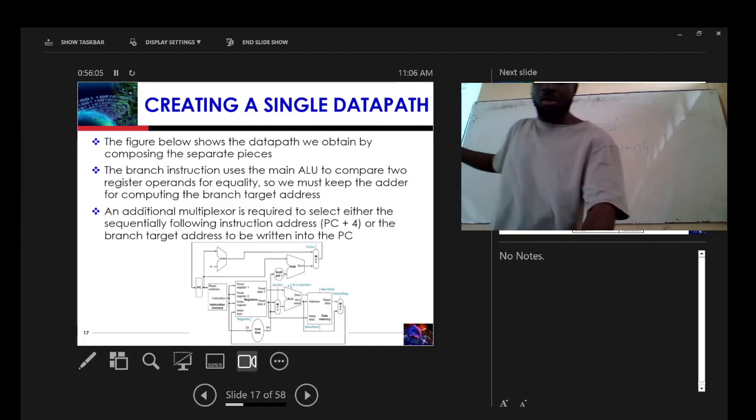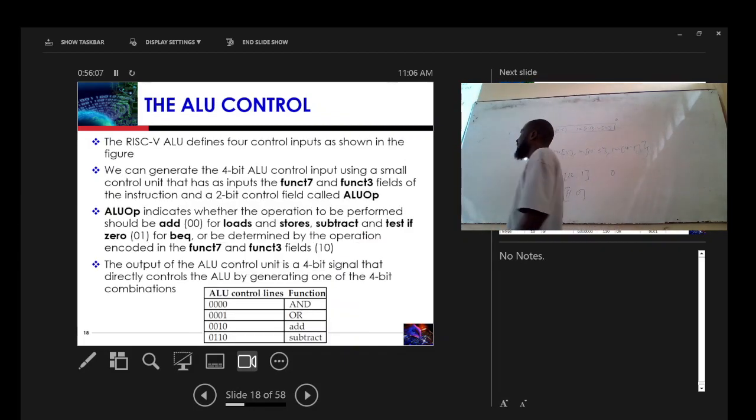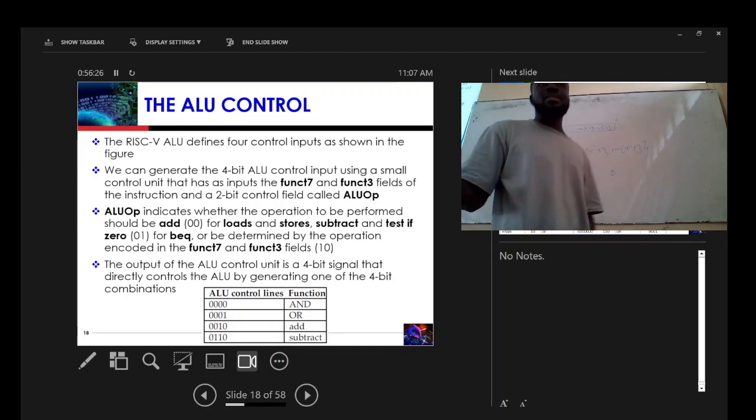So for those 4 bits, we say that if the ALU control line is 0000, we are doing an AND operation. If it's 0001, we are doing a what? OR. If it's 0010, we are doing an add. And if it's 0110, we are doing a what? Subtract.